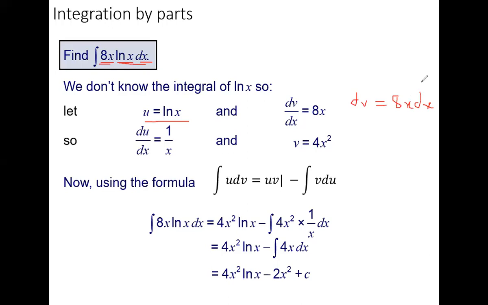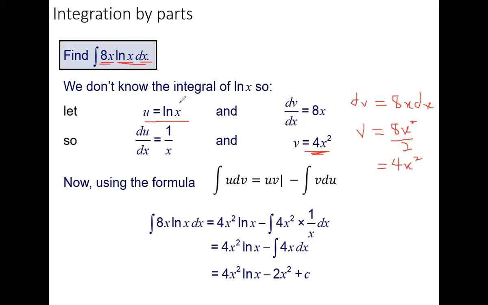So where you have a ln function and a polynomial function, make sure you make your ln function equal to u. Good. Now from there, we can integrate this. The integral of 8x will be 8x squared over 2, so that will give us 4x raised to the power 2 for v. Then the derivative of ln x, we know, is 1 over x.